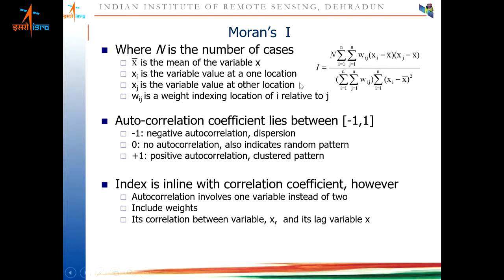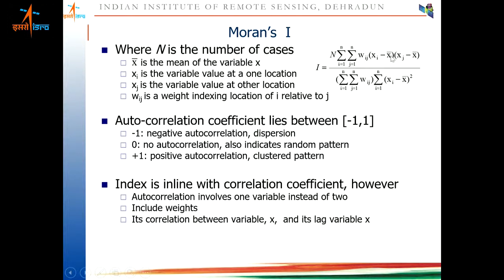In this formula, I is Moran's index, capital N is the total number of samples present, the double sigma runs over i equal to 1 to n and j equal to 1 to n, and wij is the weight between the sample at location i and the sample at location j.